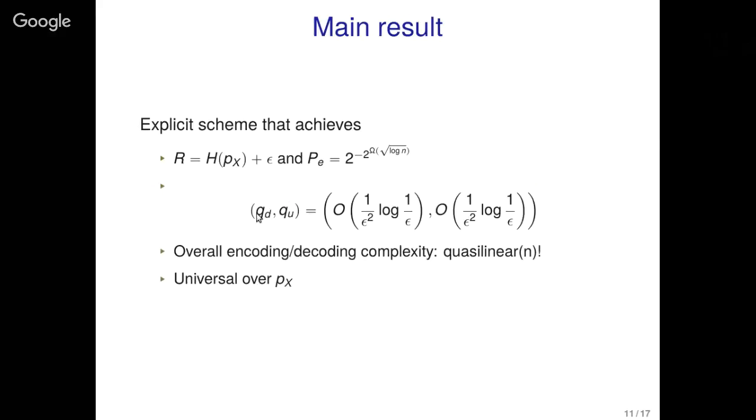The local decodability and update efficiency that we achieve are both constants which depend on epsilon, but are independent of the block length n. The overall encoding and decoding complexity grows quasi-linearly in n, and our scheme is universal over memoryless sources. So in other words, the local encoder and the local decoder need not know the source distribution.